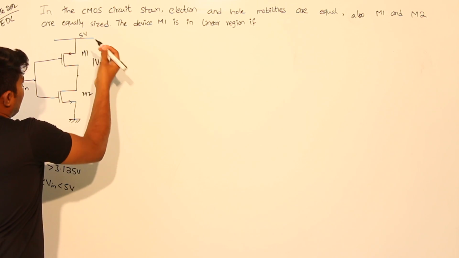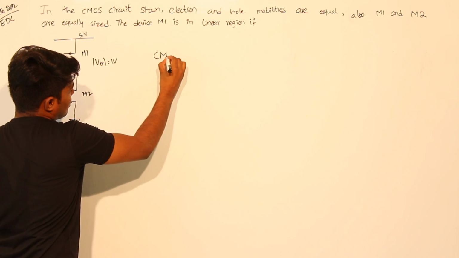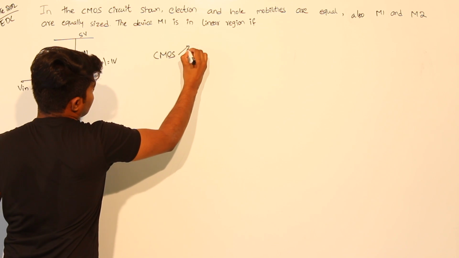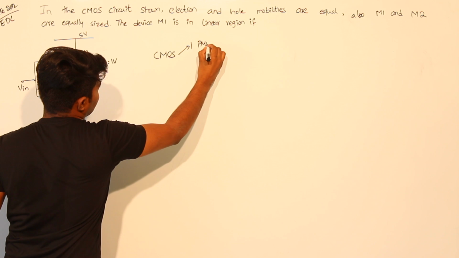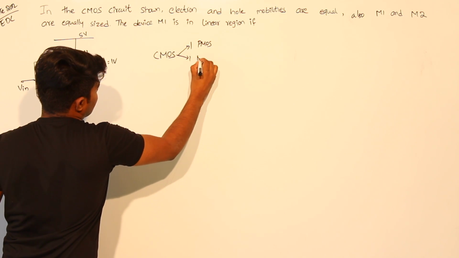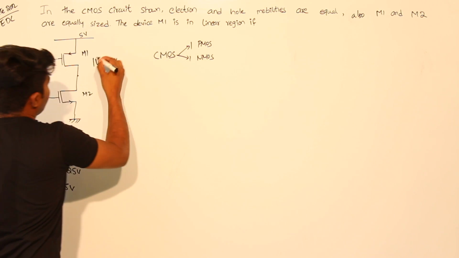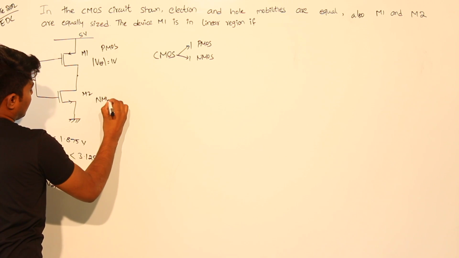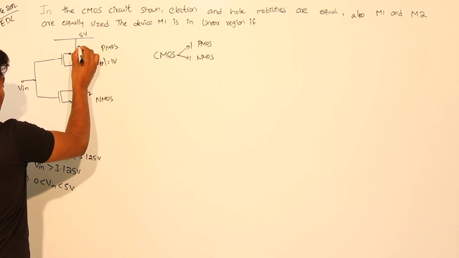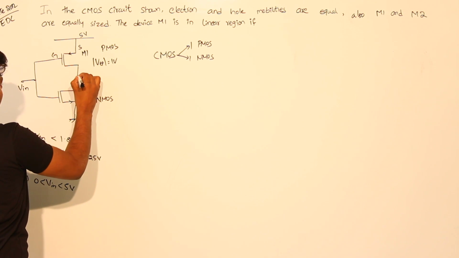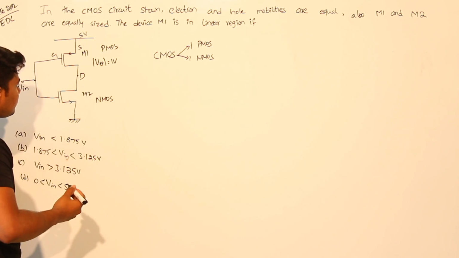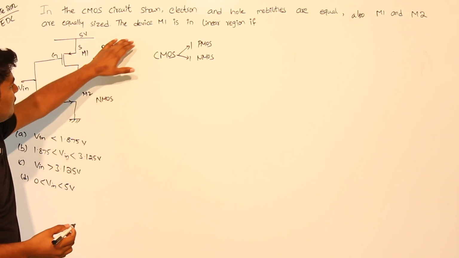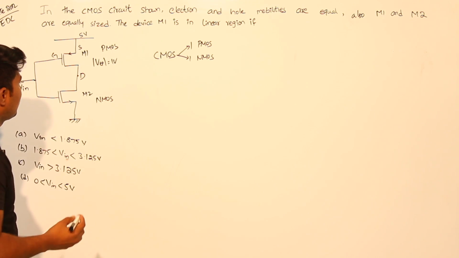For M1, first, this given is a CMOS transistor. A CMOS transistor consists of one PMOS transistor and one NMOS transistor. The above one is the PMOS transistor, and the one below is the NMOS transistor. For the PMOS transistor, this is the source, this is the gate, and this point is called the drain. Now, with respect to M1, they are asking whether it is linear or not.